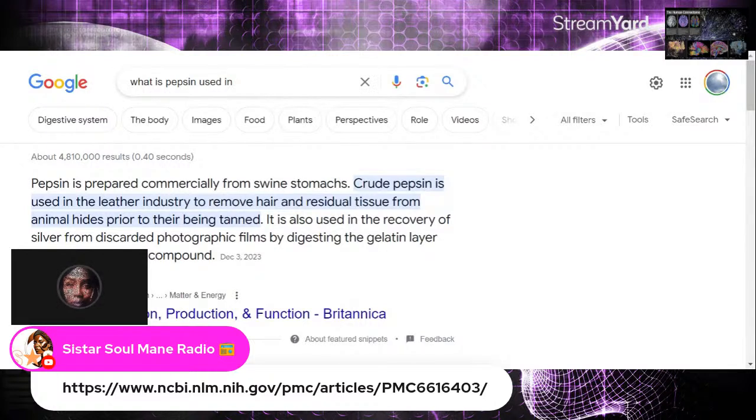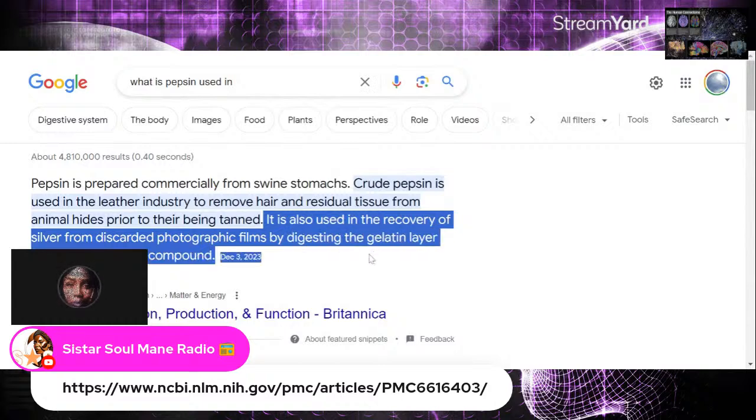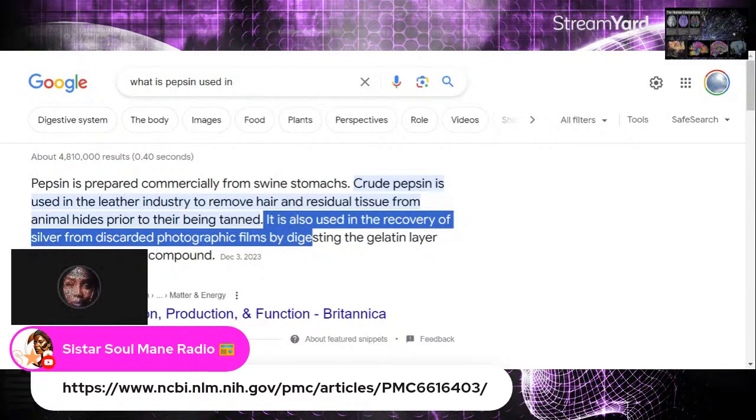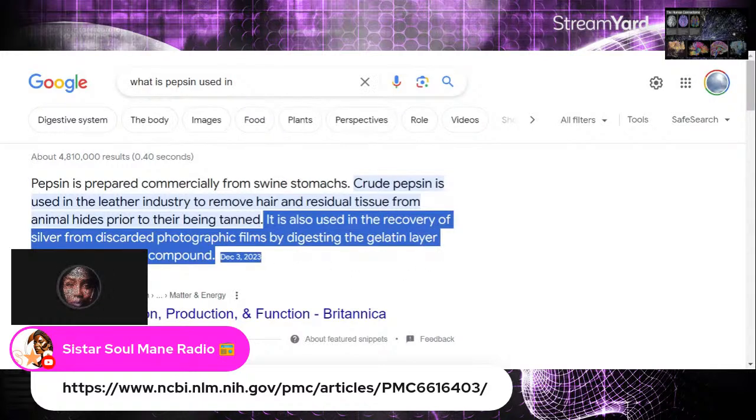It is prepared commercially from the stomachs of swine. Listen, crude pepsin is used in the leather industry to remove hair and residual tissue from animal hides prior to their being tanned. It is also used, listen to this, this is going to tie into what we said. That's why I didn't really want to get into it. I should have left it, but I still want you guys to understand this. It is also used in the recovery of silver from discarded photographic films by digesting the gelatin layer that holds the silver compound.